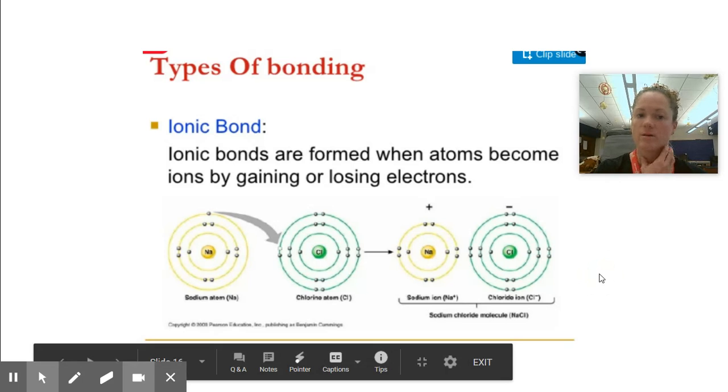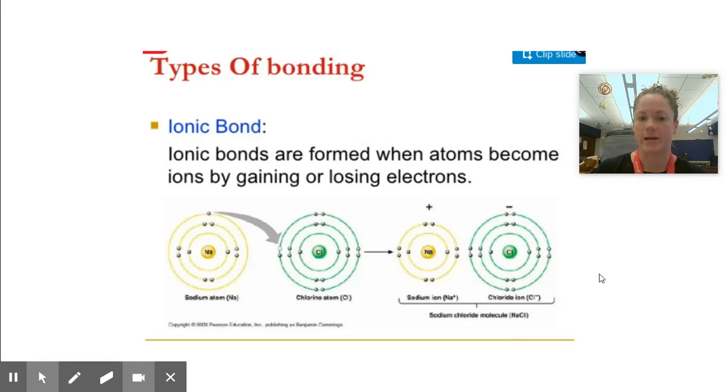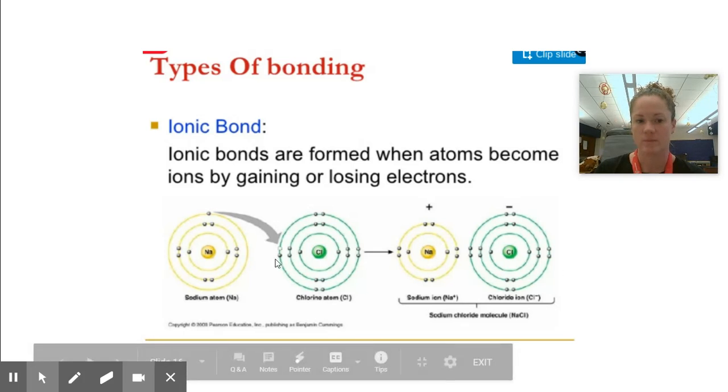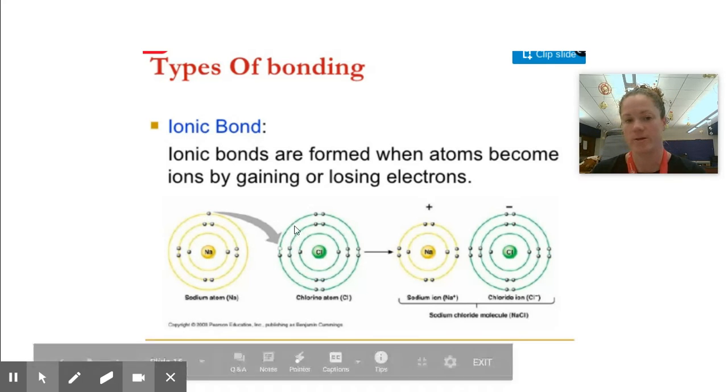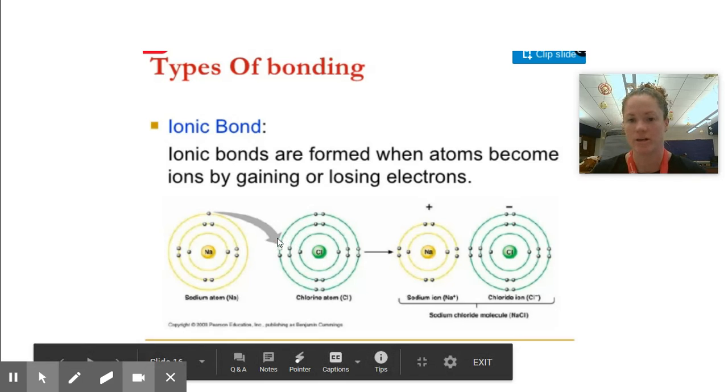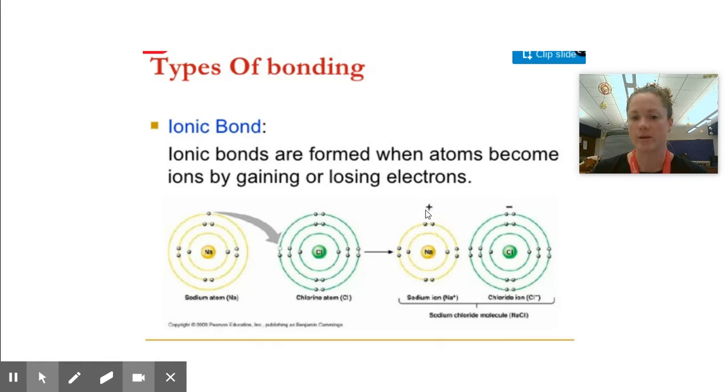Okay, so ionic bonds tend to be between a metal and a nonmetal. And one atom would be losing an electron, where another atom would be gaining an electron. So we can see here sodium chloride, the sodium becomes positively charged because it loses its electron.